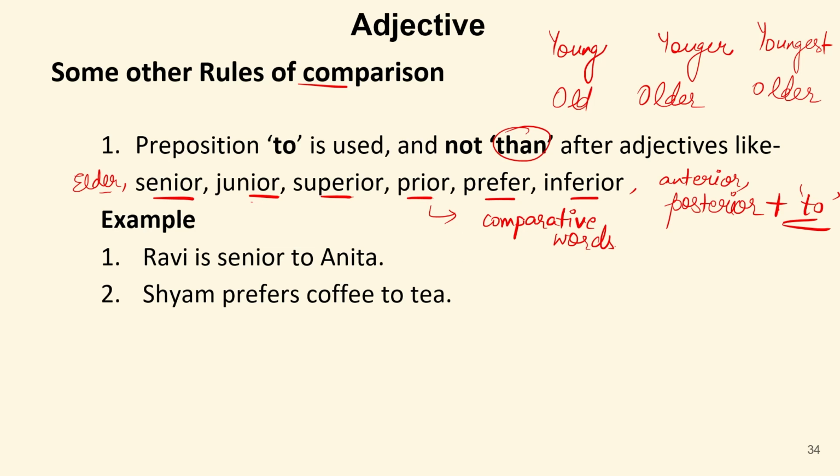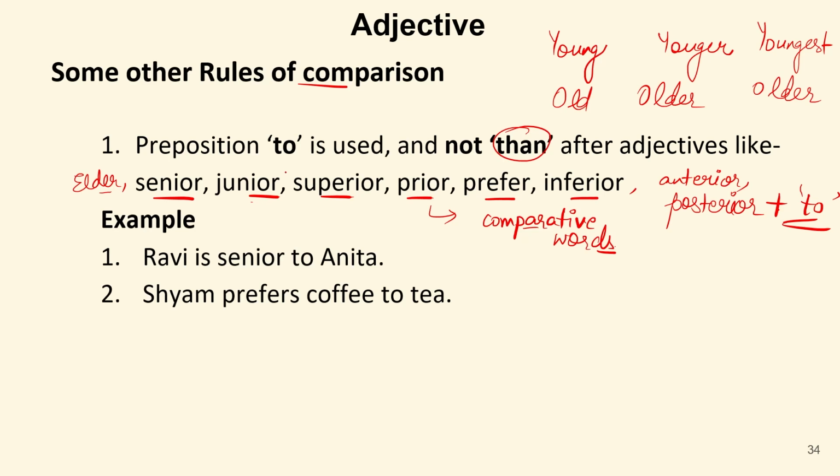Therefore, these are called comparative words and not comparative degrees. Because in case of comparative degrees, we can convert the word into comparative and superlative respectively by adding er or est, by adding more or most to that word. But here we do not have any positive degree of these words. That is why these words are always followed by preposition to and not than.